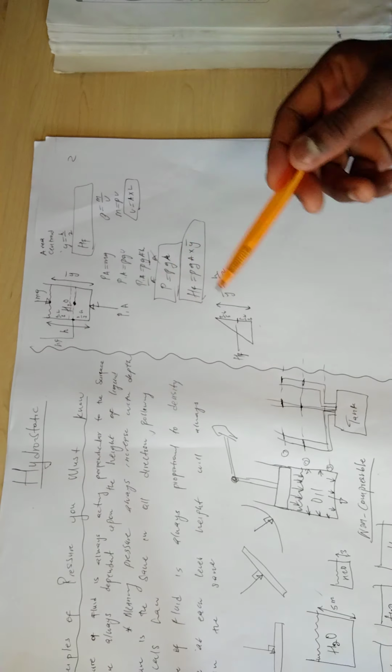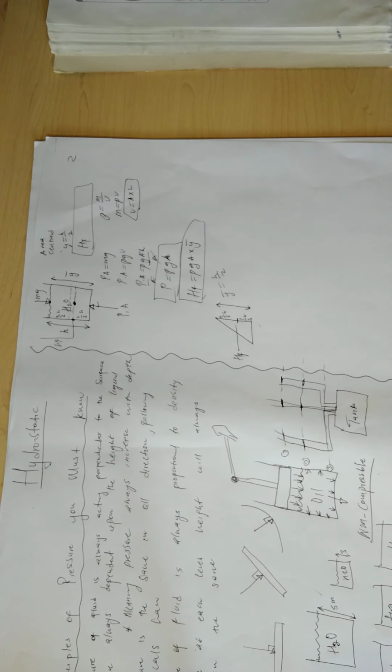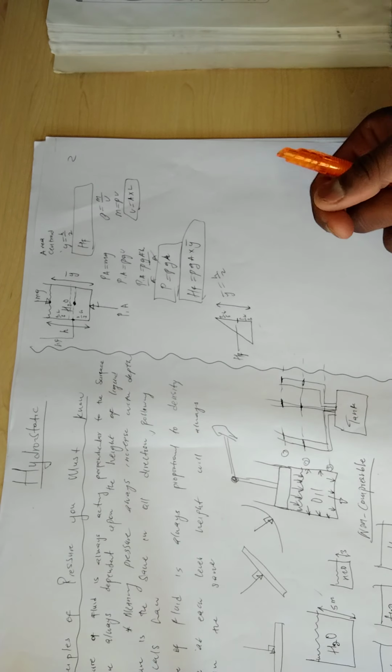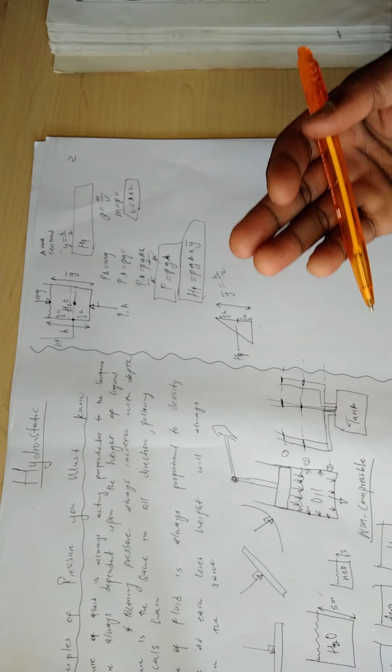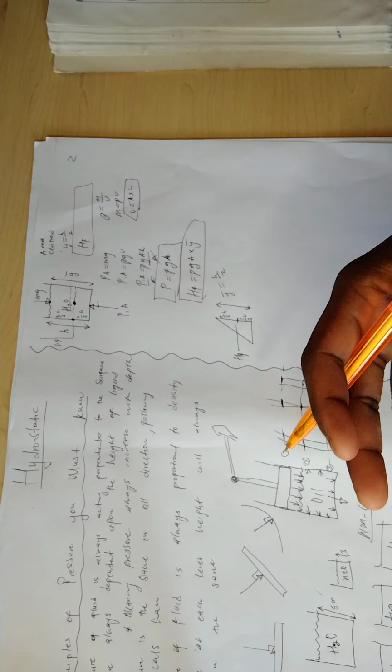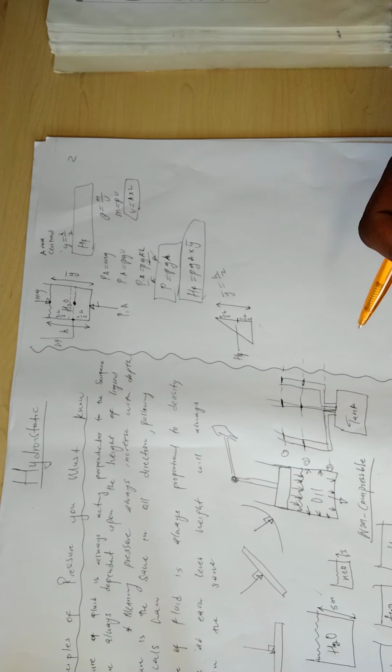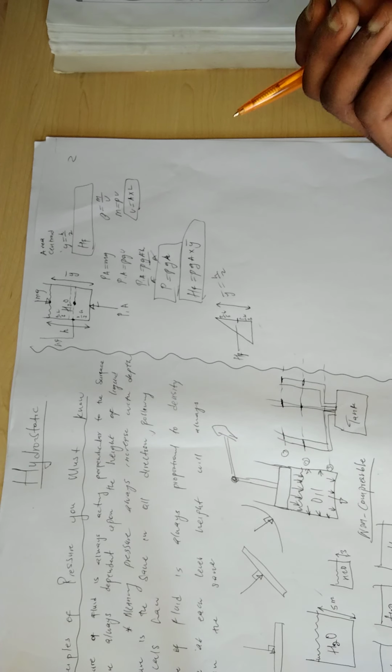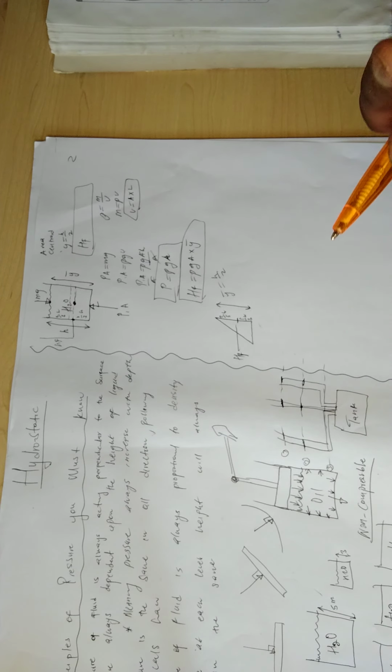So this one does not really change the scenario compared to this one. All right, and you need to know that you're going to be given different types of shapes, and you need to work them out. You need to know their areas as well.